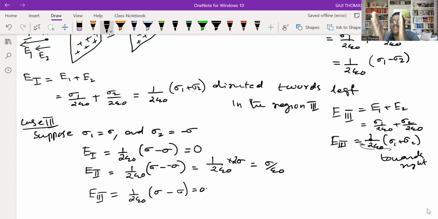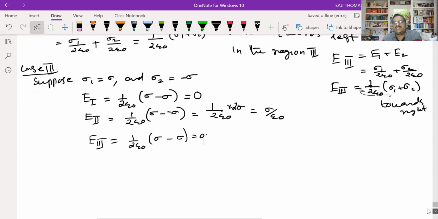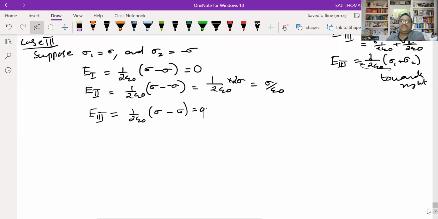So you can create an electric field between 2 metal plates in this way. You take two metal plates, charge them with equal and opposite charges, then there will be electric field between the plates. Outside the plates, electric field is 0, that we have shown here, right? So this is a method for creating uniform electric field between two metal plates. What is the value of electric field? Sigma by epsilon 0.